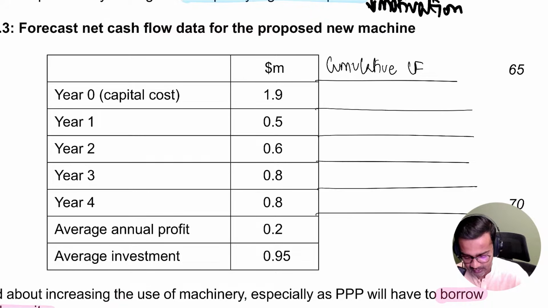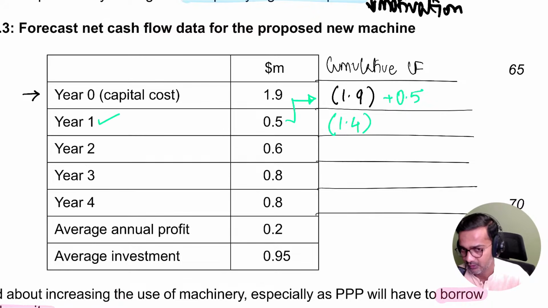You'll remember those from your days of statistics, and I'll show you how it's done. In year 0 is where you invest in the machine, and since the amount you invested is 1.9, that's the negative amount that you are starting with, minus 1.9. Then the first year comes around, and in the first year you make $500,000. So minus 1.9 plus 0.5 means that after the first year has gone, you're still 1.4 in the hole, which means it will take you all of year 1 and you still won't have recovered all the money.